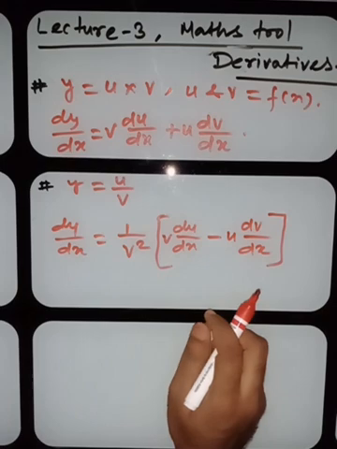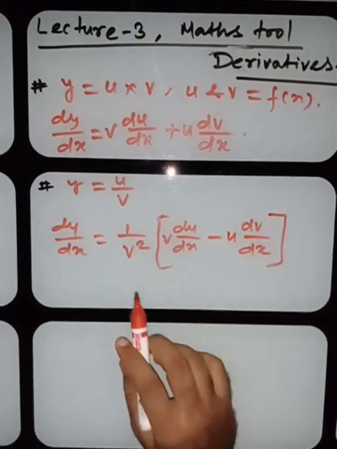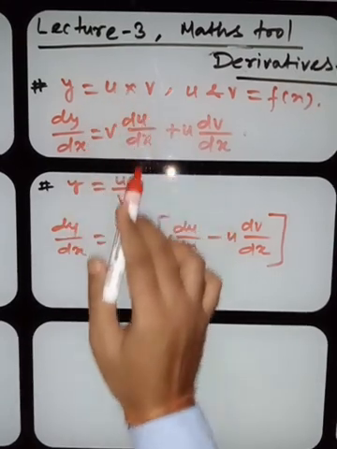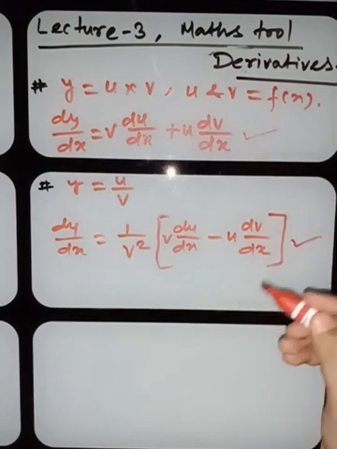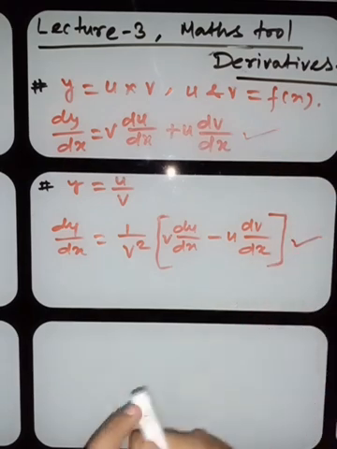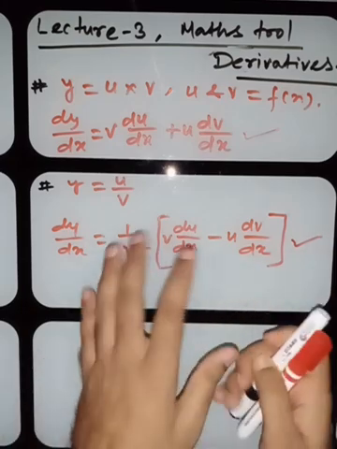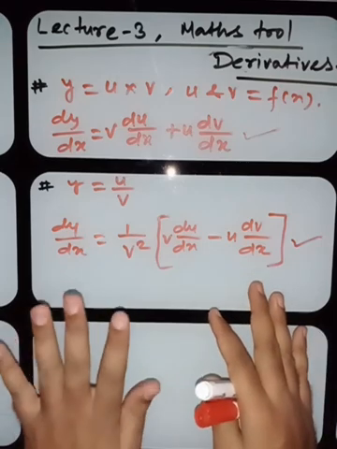Okay, so this is the formula for any function in multiplication form u into v, and this will be the formula for the quotient form, if it is in division. Now after knowing these formulas, my dear students, you are well prepared for standard 11th physics.